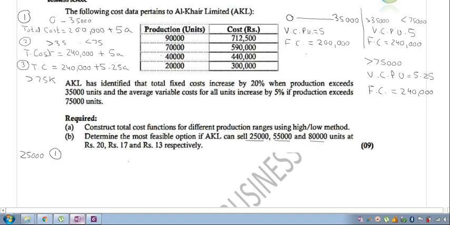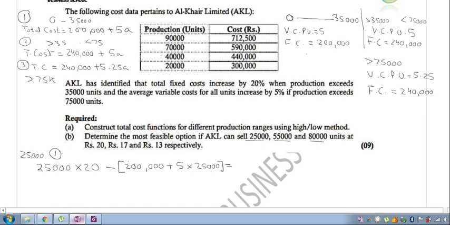So if I produce 25,000 units, my profit will be sales revenue, which is 25,000 into 20, number of units sold into selling price, minus the total cost. Total cost will be 200,000, which is my fixed cost, plus 5 into 25,000, where 5 is my variable cost per unit and 25,000 is the number of units.